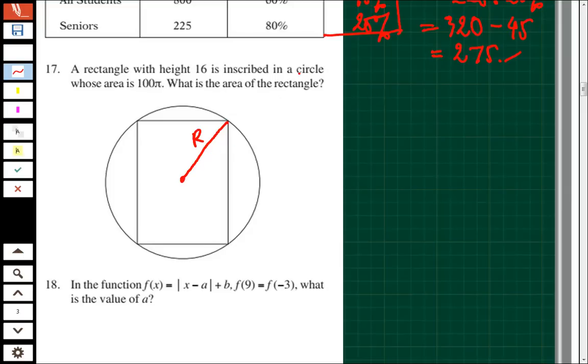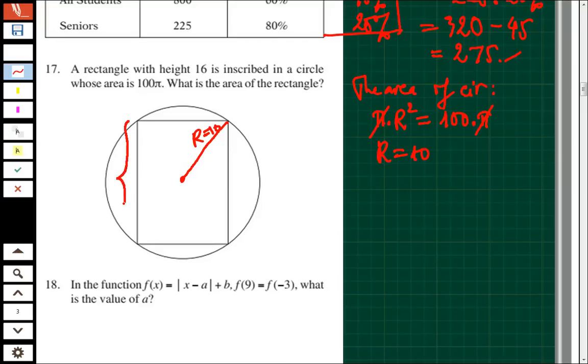We know that the area of a circle is pi times r squared, equal to 100 times pi. We have r equals 10, and the longer side is 16.